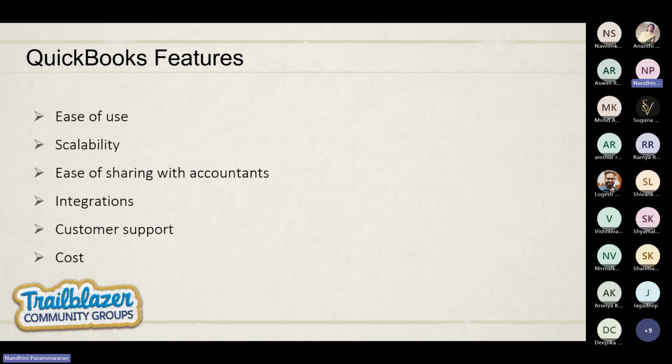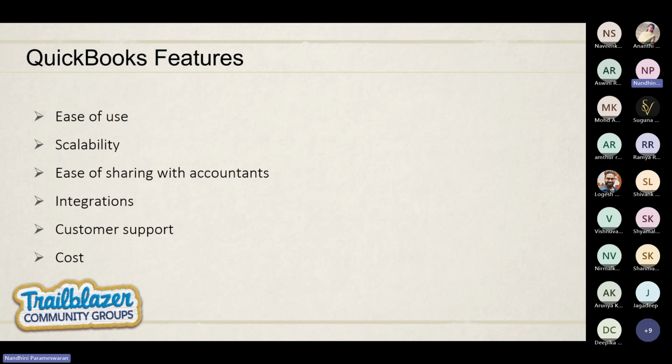QuickBooks has a lot of features. It's very easy to use because it has a global search function and a customizable dashboard, which helps to automate the business process in an easy way. QuickBooks offers four different plans based on a range of businesses with different needs, so we can select from those plans according to our requirement, and we'll be seeing the pricing plans and everything in upcoming slides.